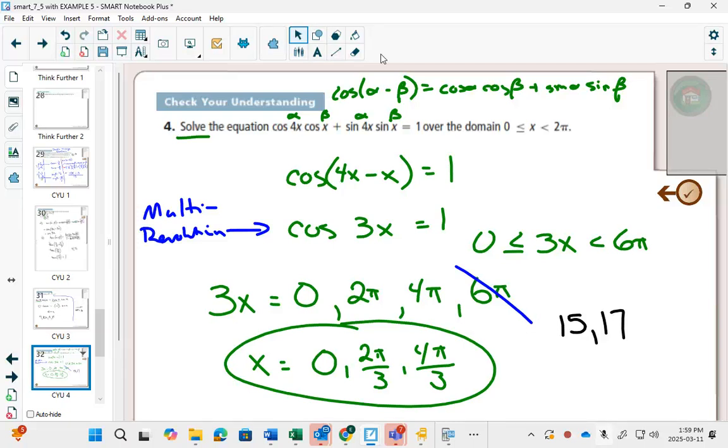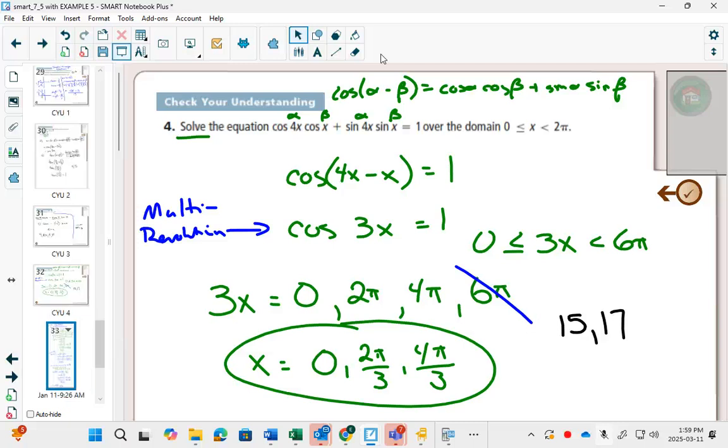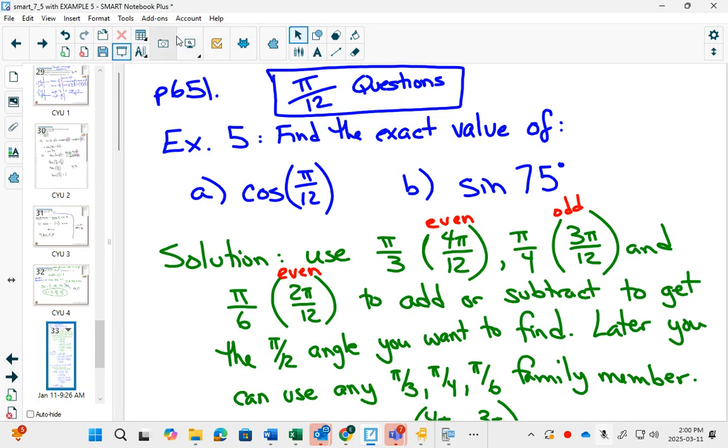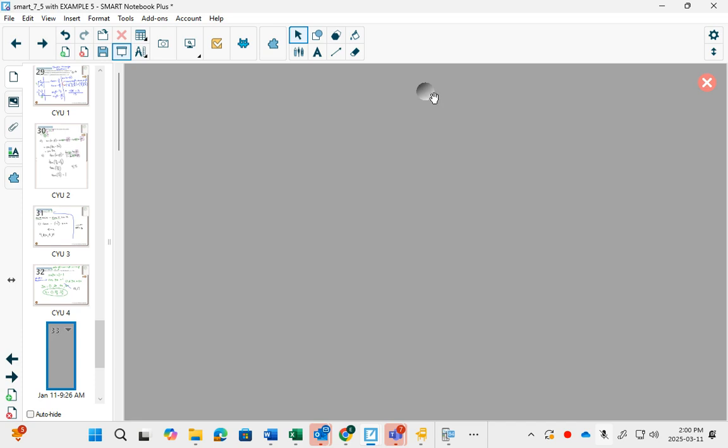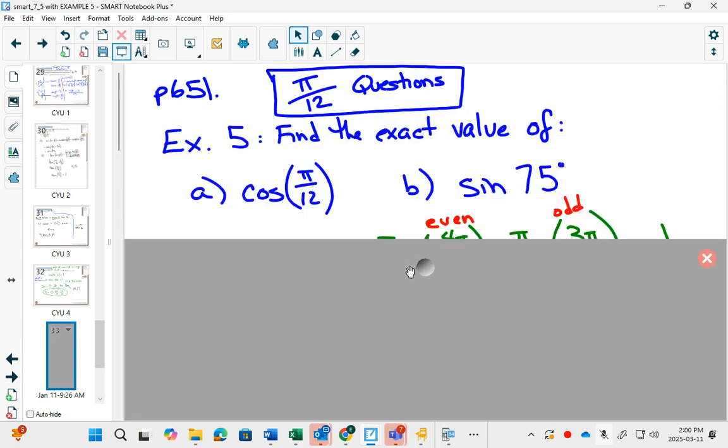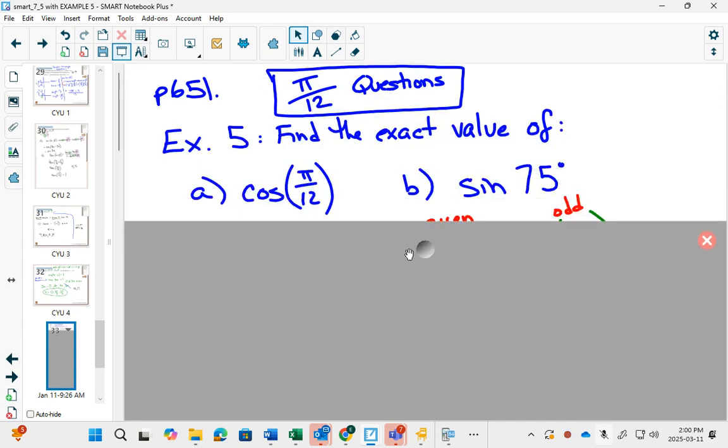And that gets us ready for example number 5, which isn't in your book, but it is the most important part from this section. So on page 651, you have a complete blank page.